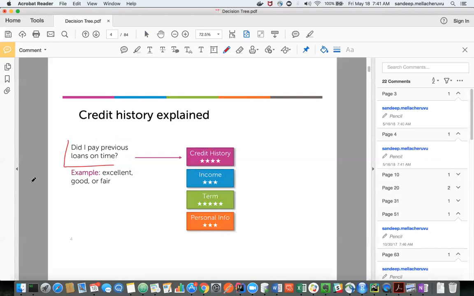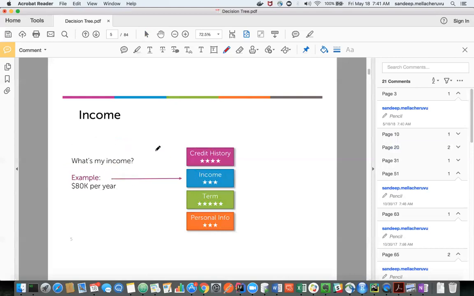He'll default. So that is the reason why we take the credit history. Based on whether it is excellent, fair, or good, these are the options you might have. Based on these, you'll be able to identify whether he will repay the loan or whether he will go into default.